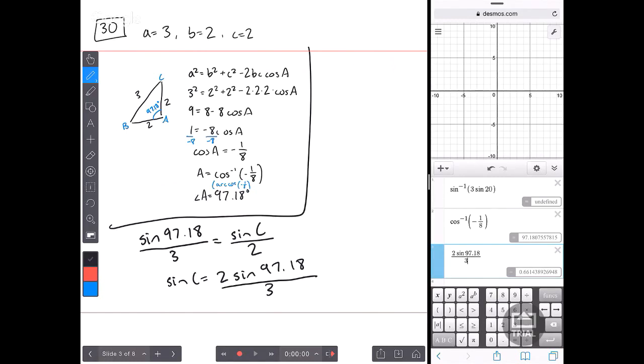So sine C equals 2 sine 97.18 over 3. We got that. Sine C equals 0.66. I'm going to take inverse sine to get C. Inverse sine of this whole mess.